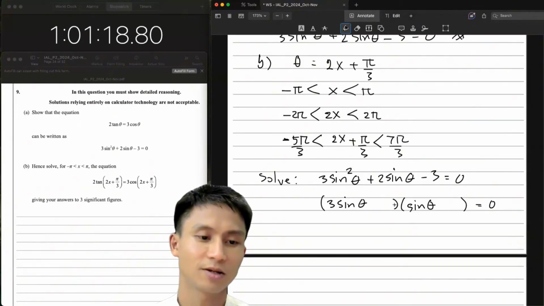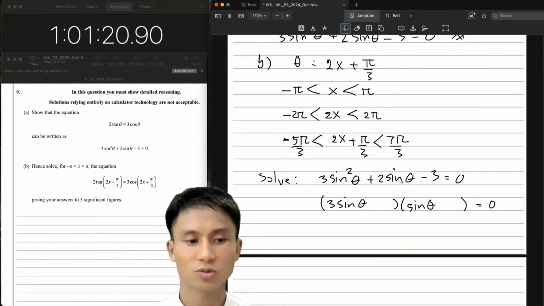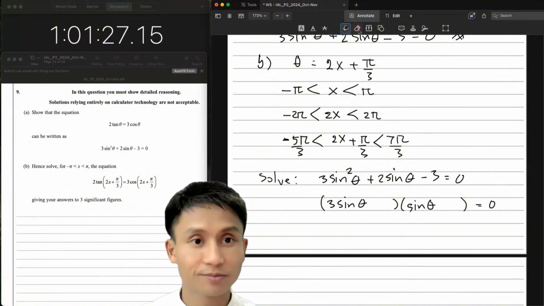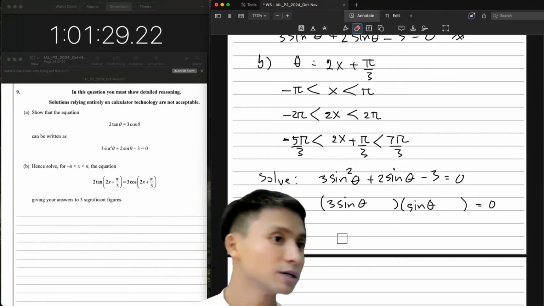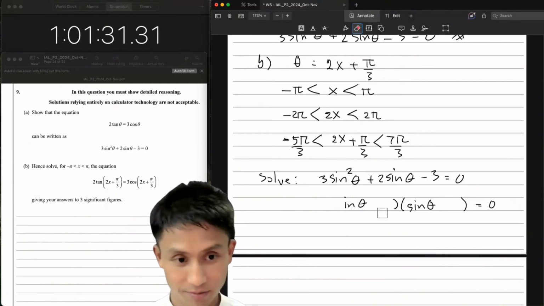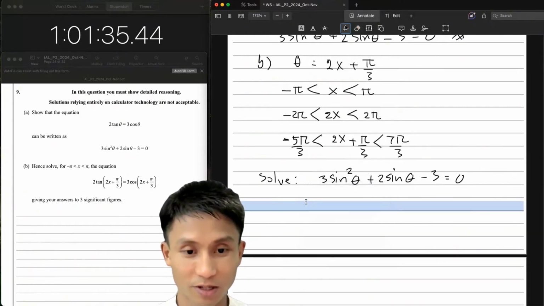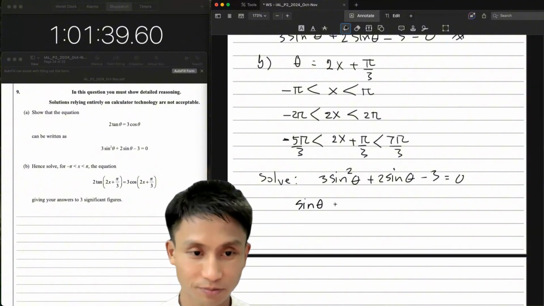Hang on. No, I don't think so. 3 and 1. No, maybe not. So I'm just going to delete all that and maybe use the quadratic formula, because I don't have any quadratic function solver.